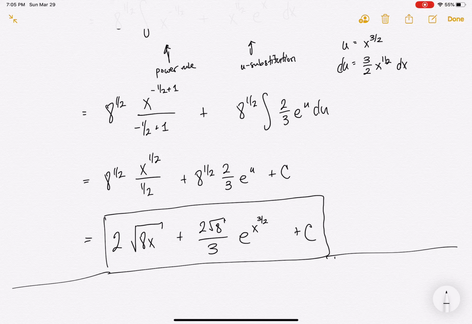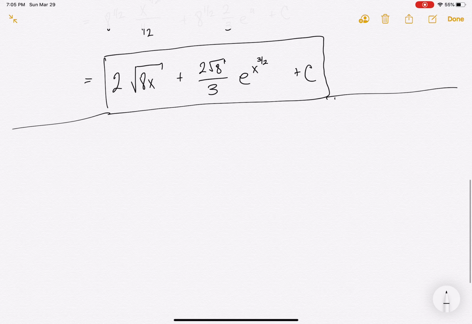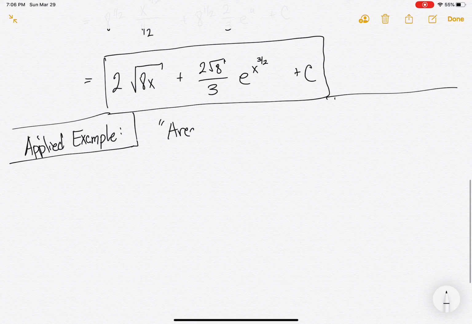So let's do maybe a tougher problem now. Or an applied problem, right? An applied example. And really what I want to stress here is that area is a relative term.